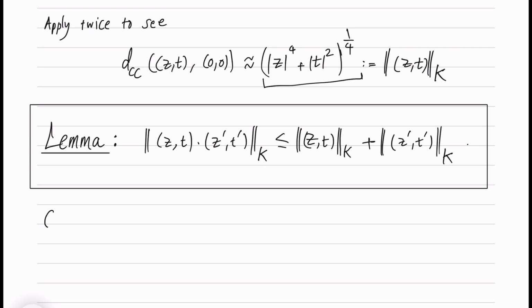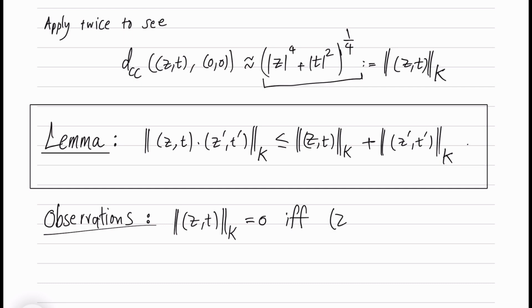Now, there are other observations that we can make about this norm. The Koranyi norm of a point is never negative, and it's zero if and only if the point itself is zero. Another one is that the Koranyi norm of any point equals the Koranyi norm of its inverse.